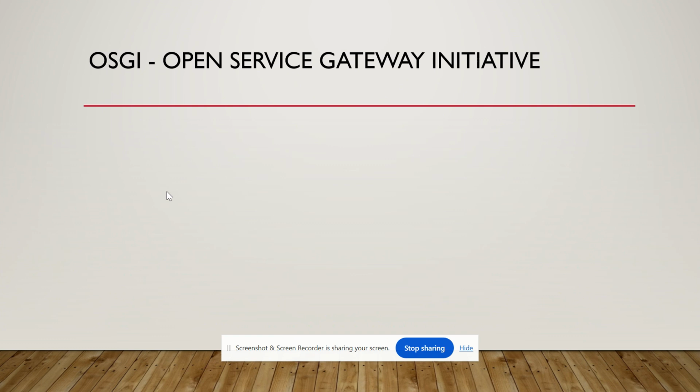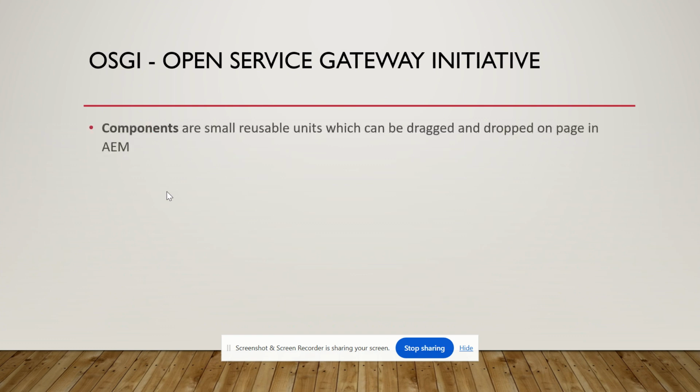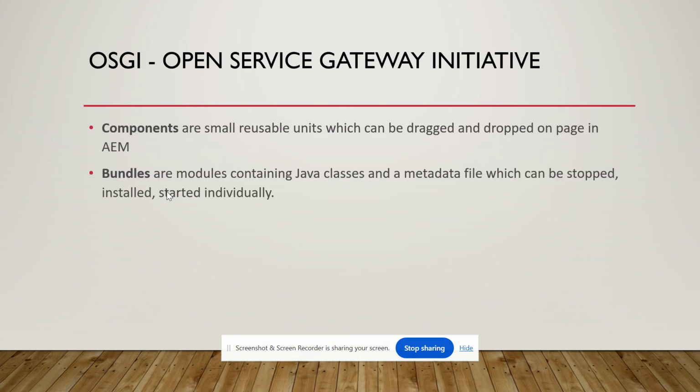So OSGI is Open Service Gateway Initiative. We'll see each one of the elements in OSGI. Components are small reusable units which can be dragged and dropped on the page in AEM. Bundles are modules containing Java classes and a metadata file which can be stopped, installed and started individually.